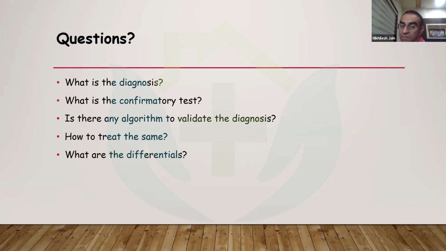You should know the treatment. You should know the finer points of plasmapheresis. You should know about how well you want to use them, in the sense that if there's any differential or specific modality of plasma exchange that you would like to look at, and of course differentials. If I wouldn't have put ADAMTS13, what should have been your differentials? That comes into picture. So that is something else that you should discuss.